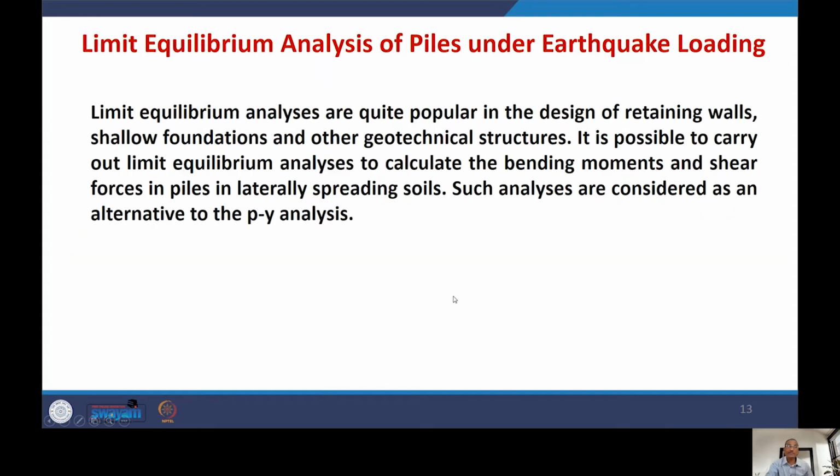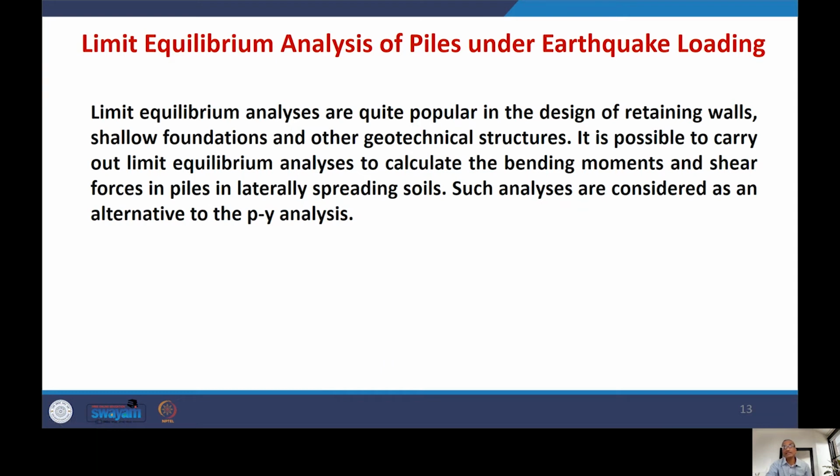Now we are going to the next part, that is limit equilibrium analysis of piles under earthquake loading. Limit equilibrium analyses are quite popular for retaining walls, shallow foundations, and other geotechnical structures. It is possible to carry out limit equilibrium analysis to calculate the bending moments and shear forces in piles in laterally spreading soils.